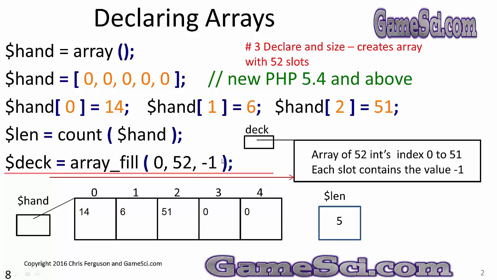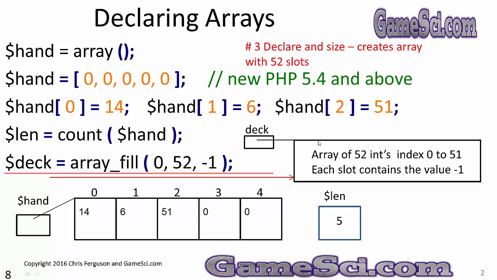And then the third parameter here is what is the initial value. The -1 says I want 52 slots filled with -1. In this case, the deck becomes an array variable, an array of 52 ints. Their indexed numbers are 0 to 51, and each slot contains the value of -1.